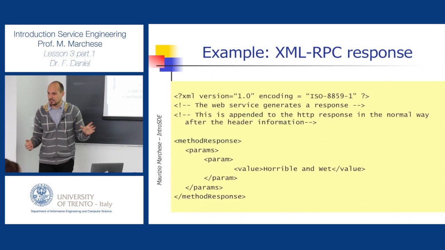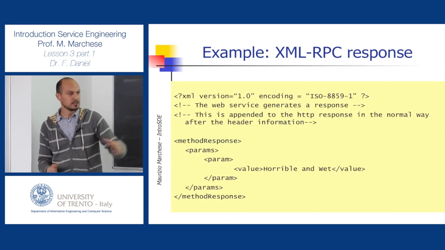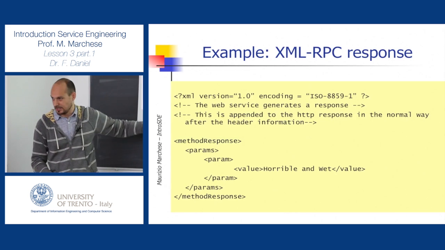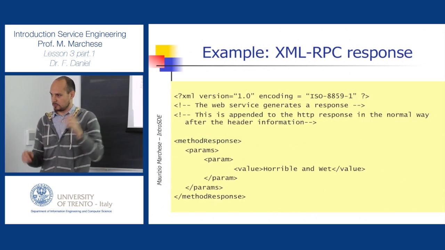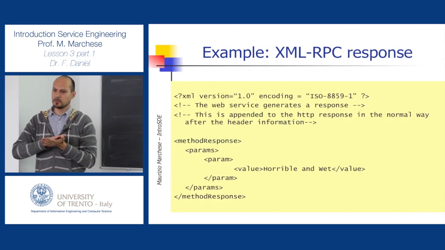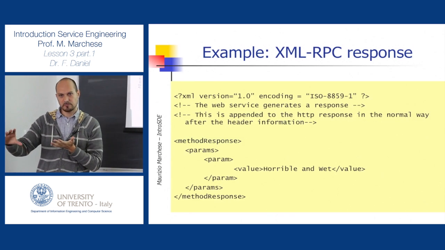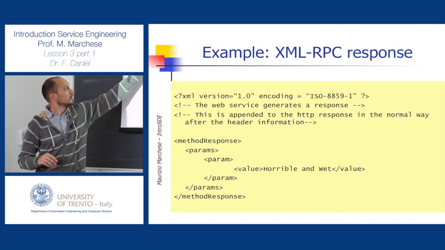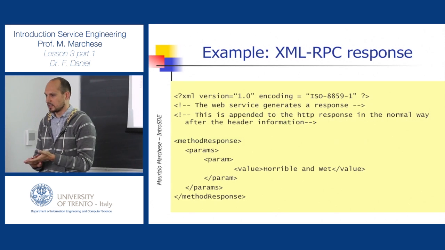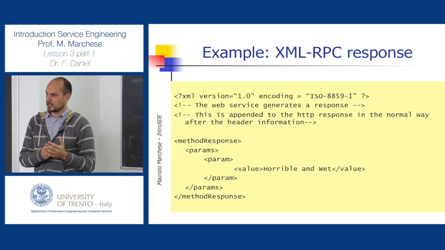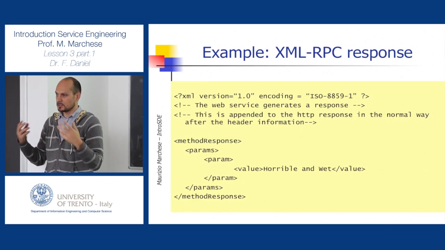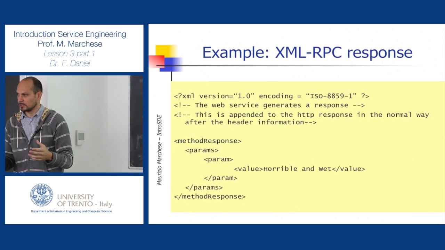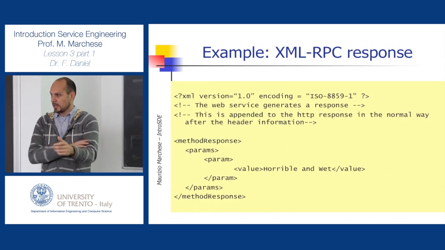What is XML-RPC in this case? First of all, it's this here. You send HTTP requests, and in the body you have plain XML. Last time, I think you learned that XML is just a meta language. It only tells you that there are elements and attributes and structures and whatever, so it doesn't have any meaning.